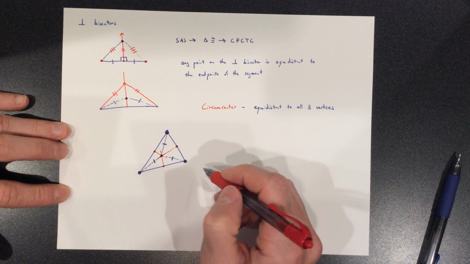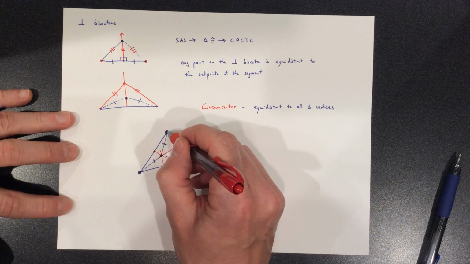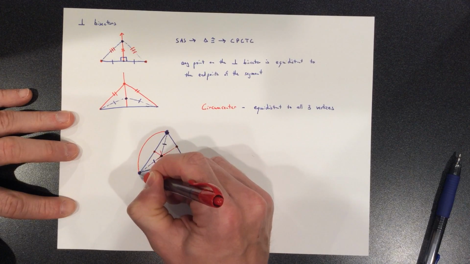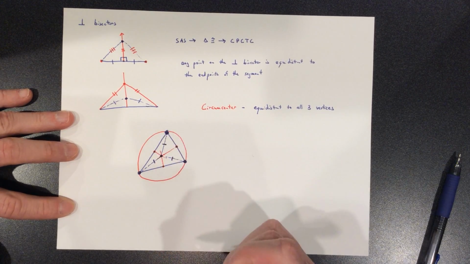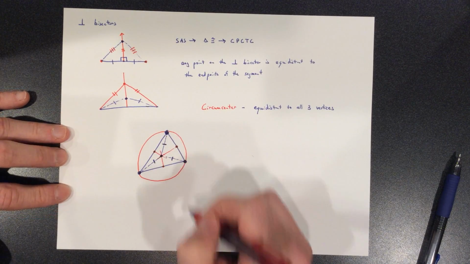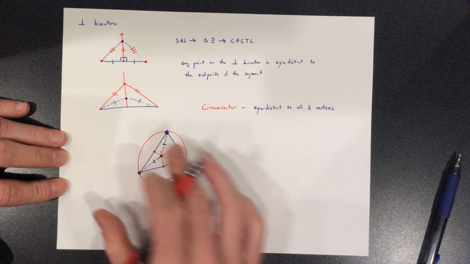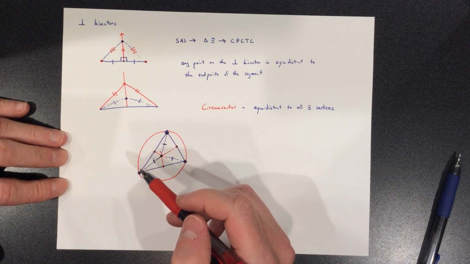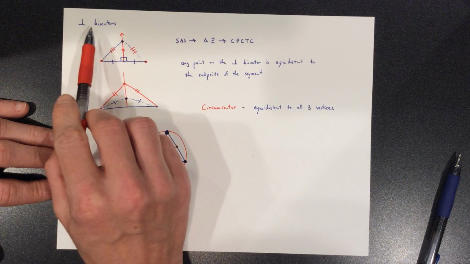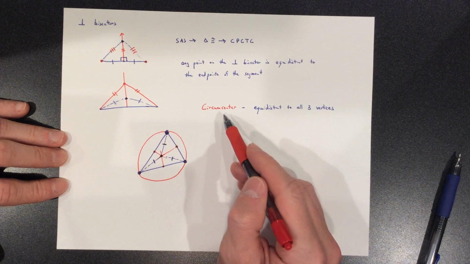And another kind of cool thing is that it is also the center of the circle that inscribes the triangle. We don't really use the circle that much. It's just kind of another cool property, but certainly way cool that we can actually apply perpendicular bisectors to find something, the circumcenter.